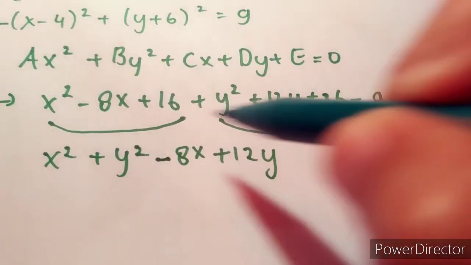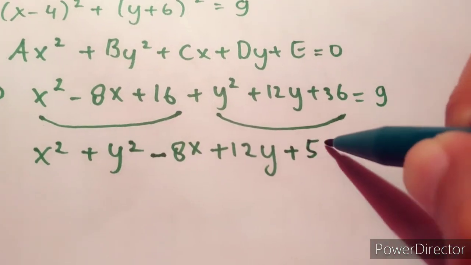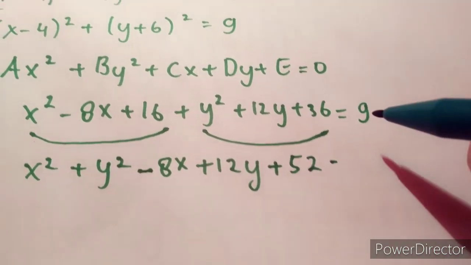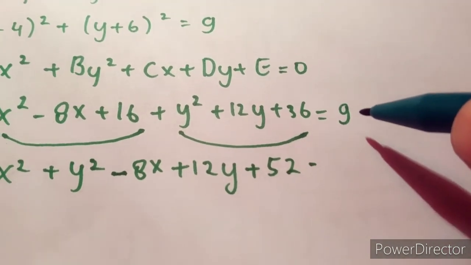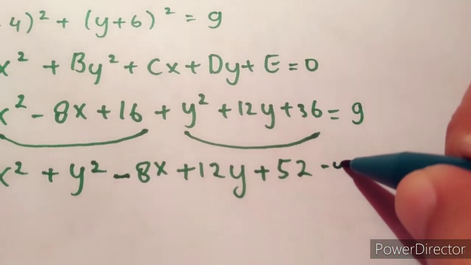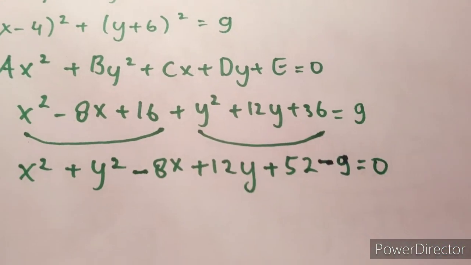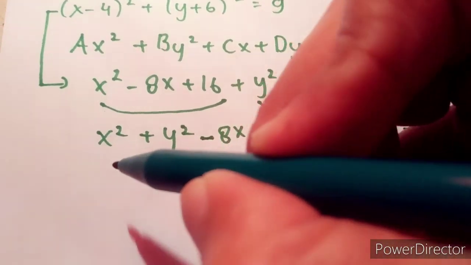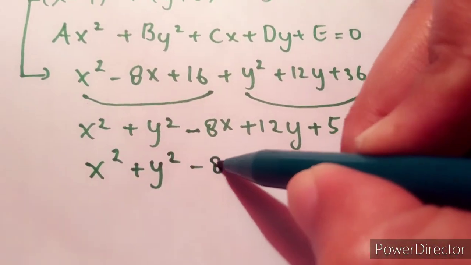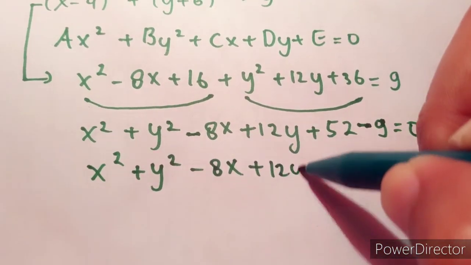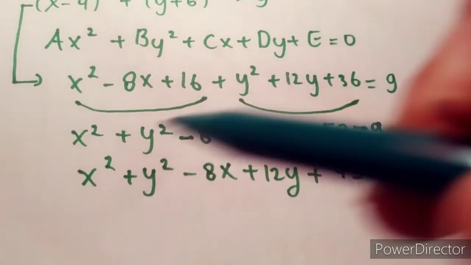Then the numbers you can add: 16 plus 36 becomes 52 equals, and since we need to make the right member equal 0, you need to subtract both sides by 9. Let's simplify this as the final step, and you have plus 12y plus 43 equals 0.